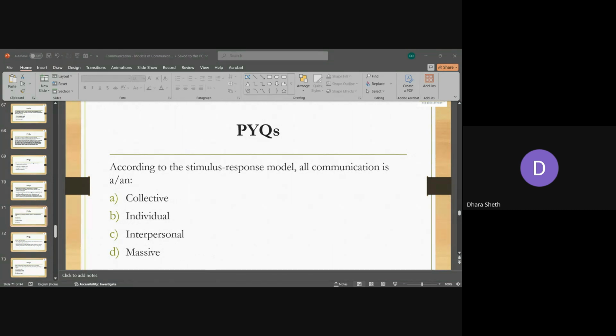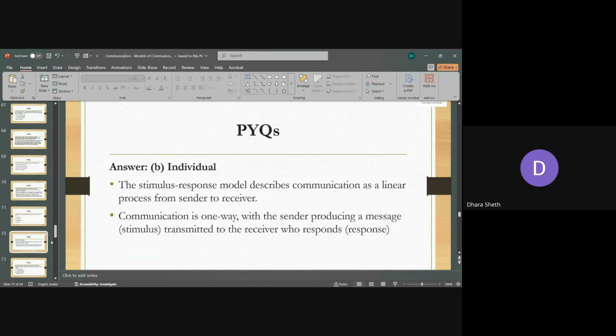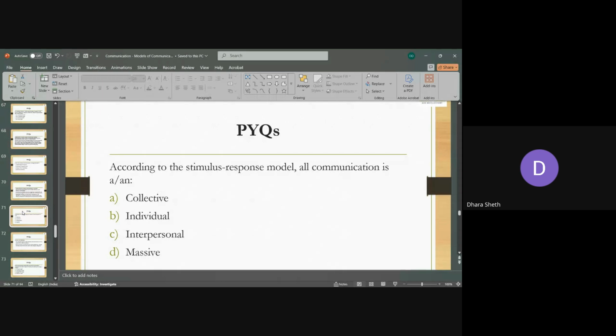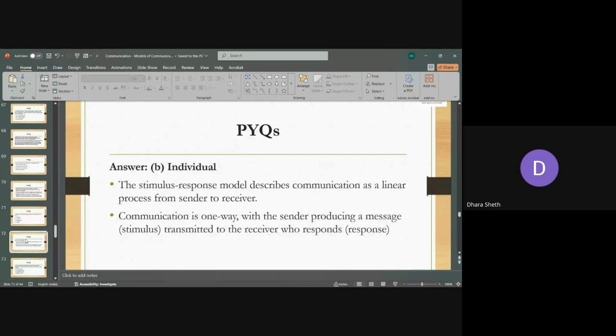C, interpersonal. B, individual, because it is one way from one person to another. Interpersonal is when two people communicate with each other.